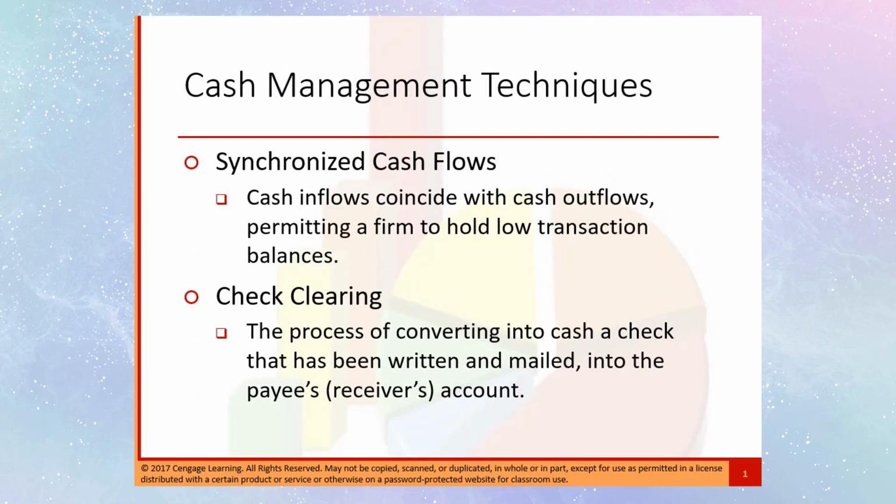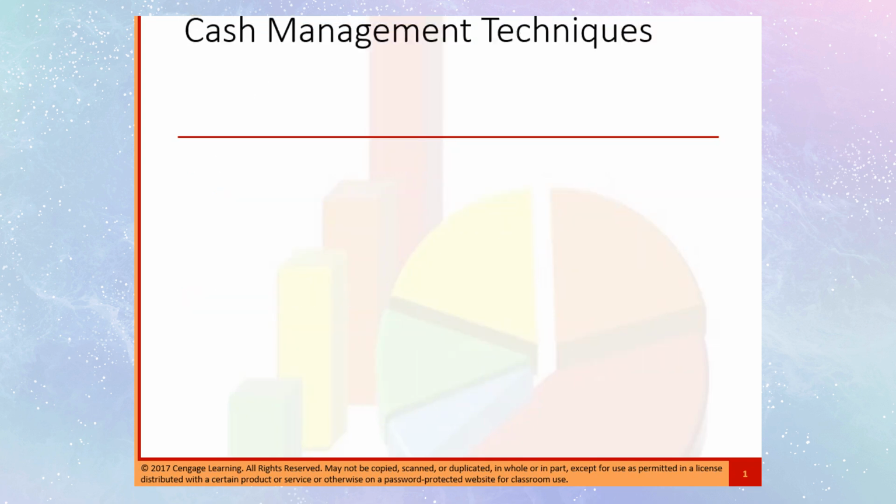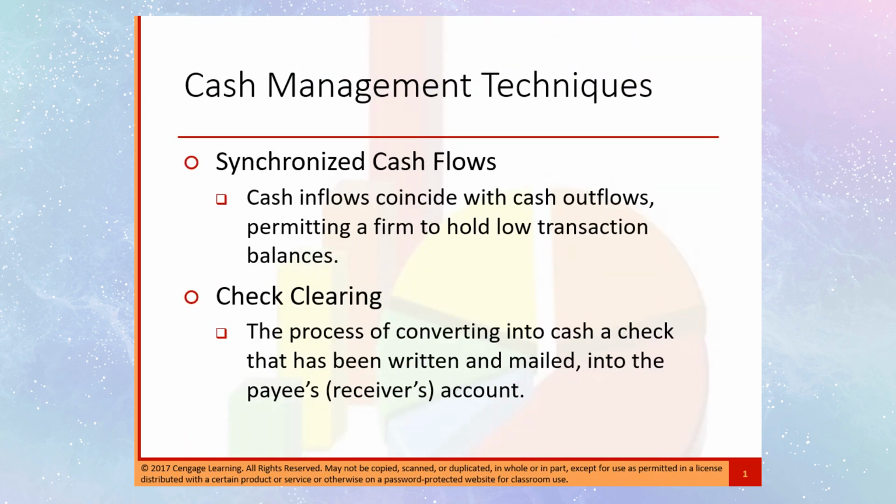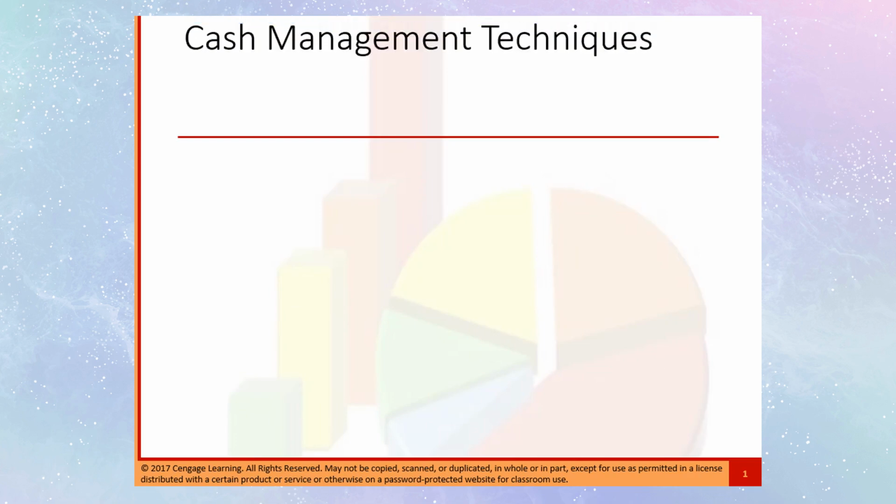Now let's discuss technique. The goal is to synchronize cash inflows with outflows so firms can hold smaller transaction balances. Understanding the check clearing process also matters. How quickly funds move from payer to payee can impact liquidity.